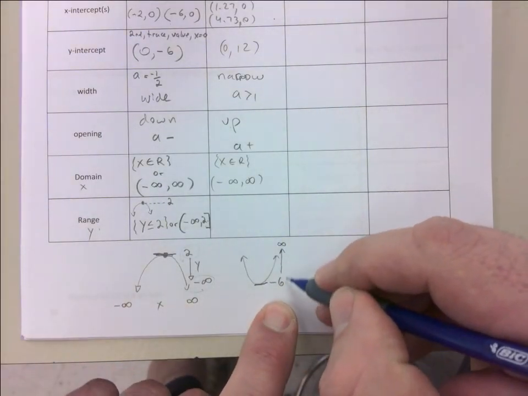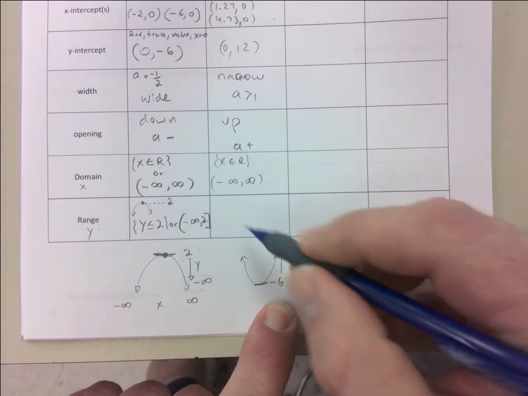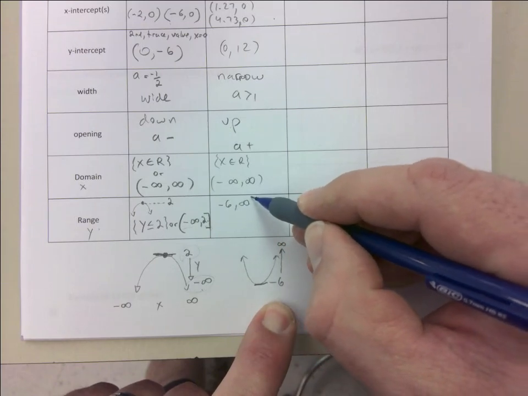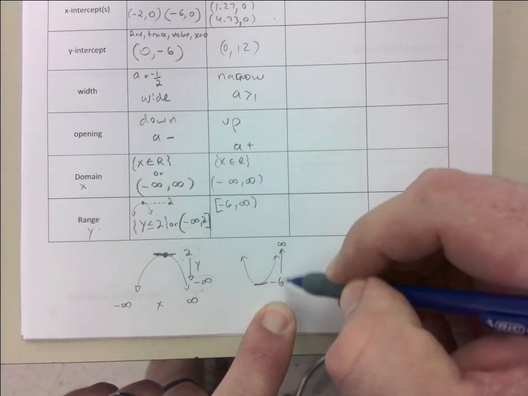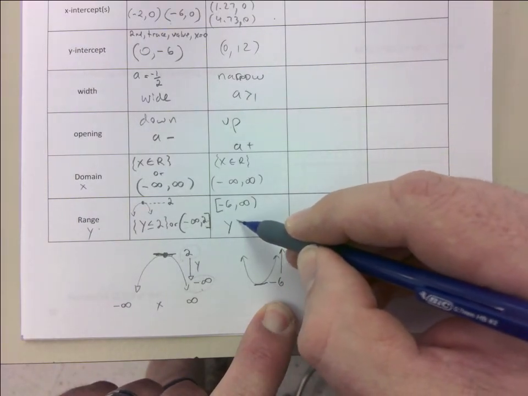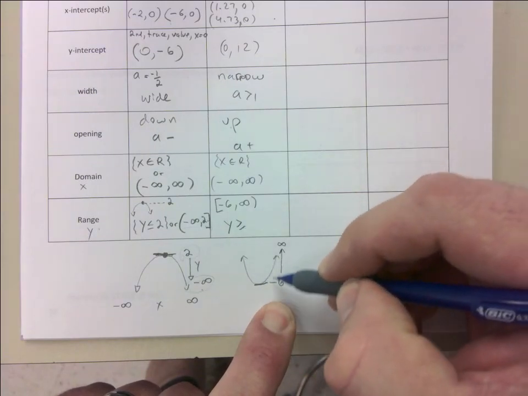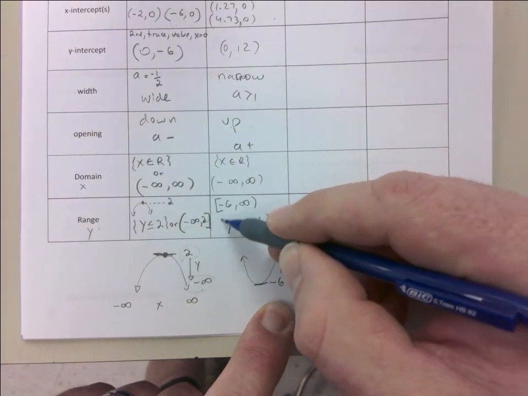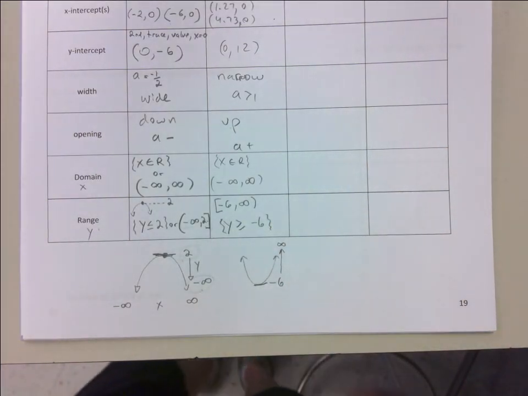So this is going to help you state it in interval notation. So you go from -6 to positive infinity just by looking at this. Or you can say y is greater than or equal to -6, because see how it's pointing up? So that's how you state that. Okay?